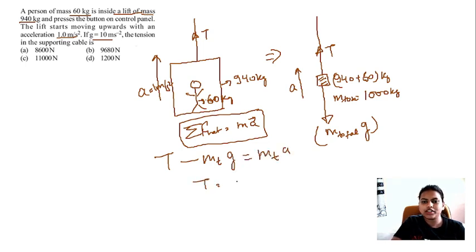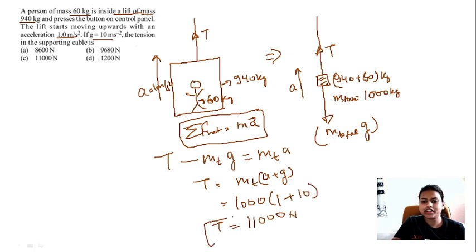So tension is equal to m total into A plus g. Now let's substitute the value. The total mass is 1000 kg, acceleration is 1, and the acceleration due to gravity is 10. So the tension in this cable is equal to 11,000 Newton. C is your correct option.